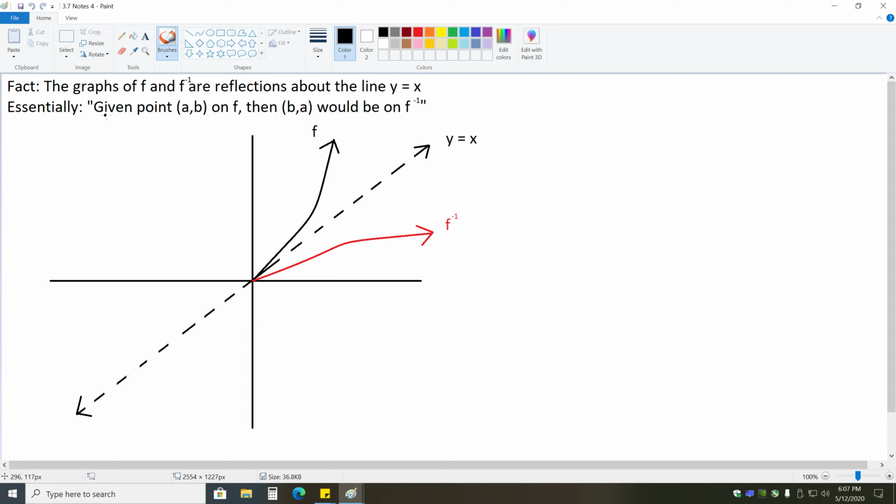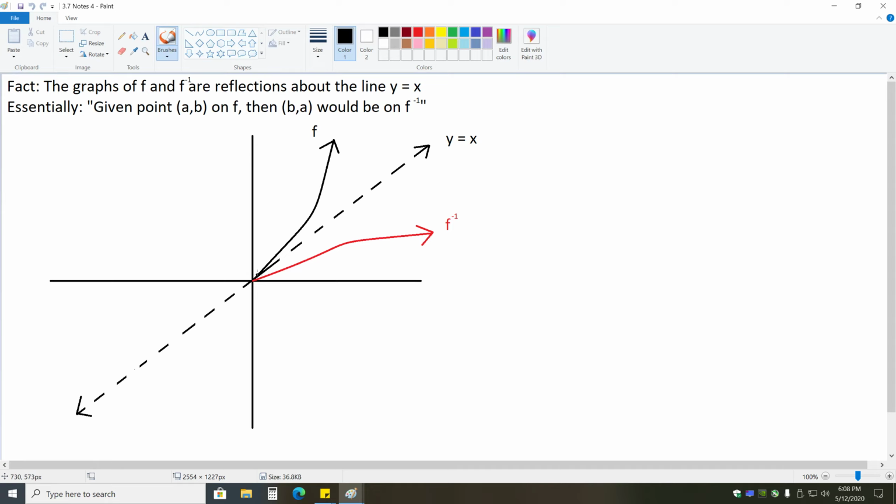Essentially saying, given the point a comma b on the graph of f, then b comma a would be on the graph of f inverse. You swap the x and y values, just like we were doing in those equations, to get the point on the inverse function. And vice versa. If something is on the graph of f inverse, the point b comma a, it will become the point a comma b on the original function.